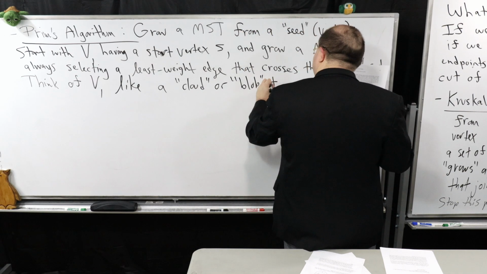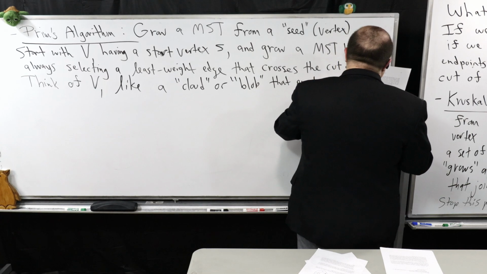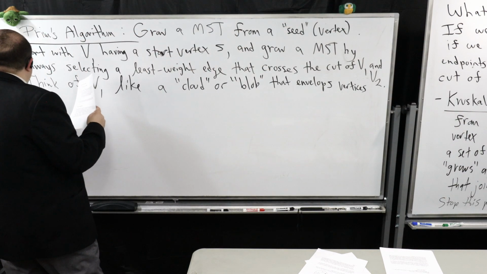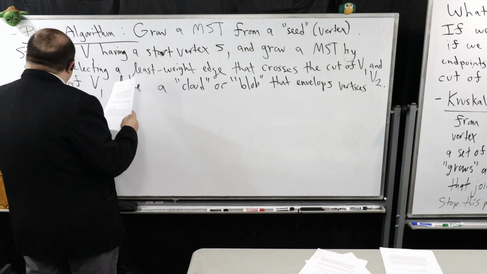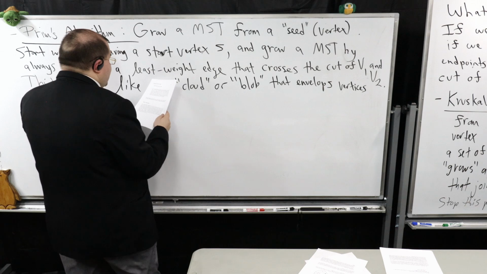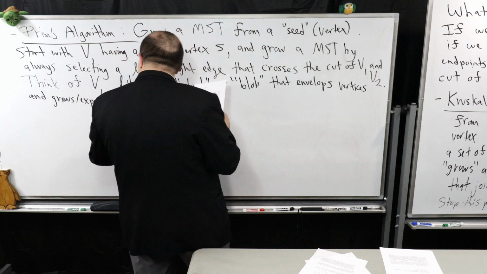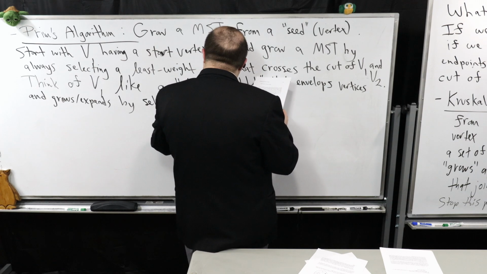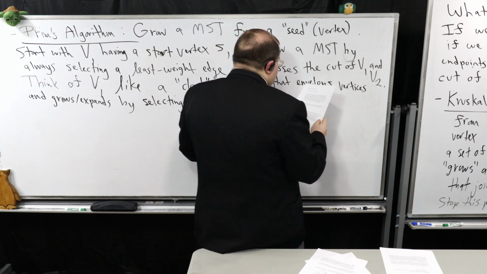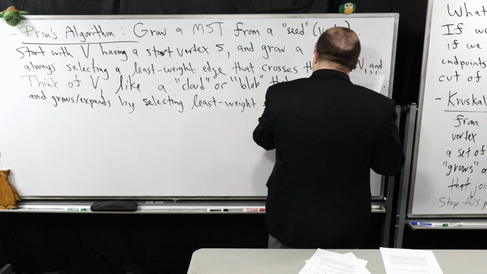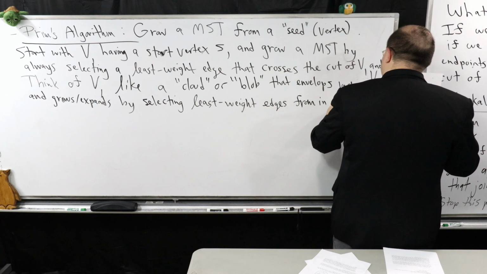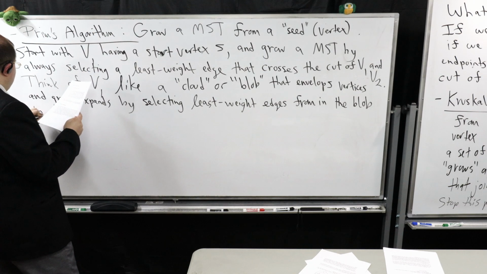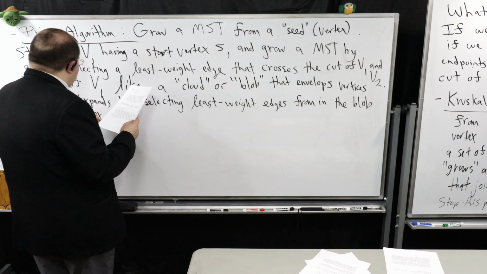A blob that envelops vertices and grows or expands by selecting least weight edges from in the blob to some vertex not in the blob.